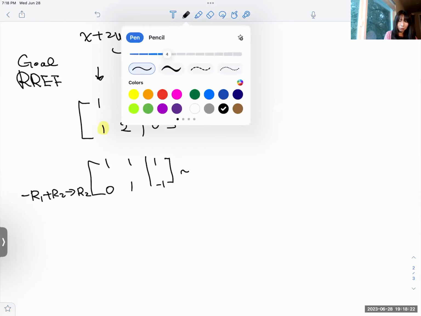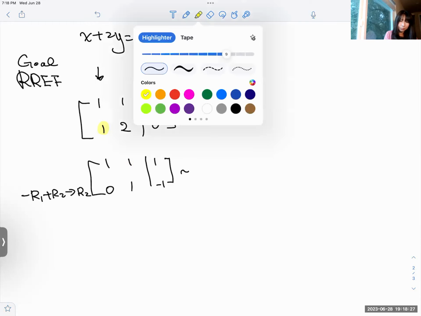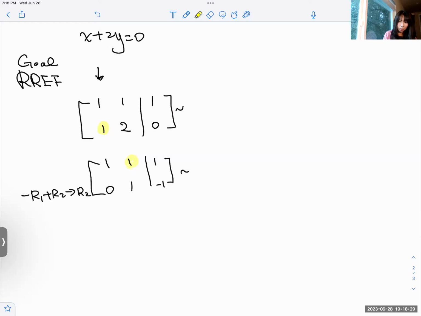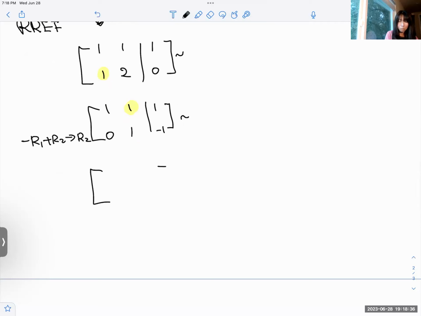How about this? We want to make a 0 here. How do you make a 0? Negative R2 plus R1 to make the new R1.